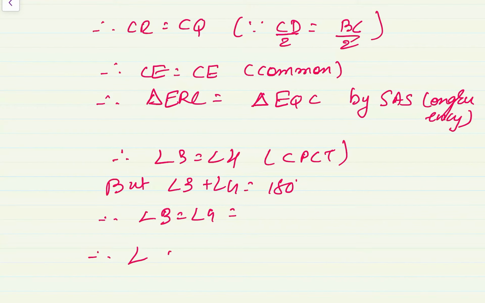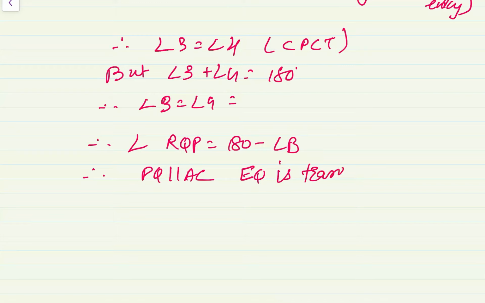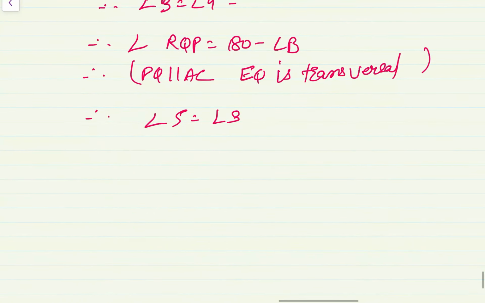Therefore, angle RQP is equal to 180 minus angle B. PQ is parallel to AC and EQ is transversal. Therefore, angle 5 is equal to angle 3, vertically opposite angles.